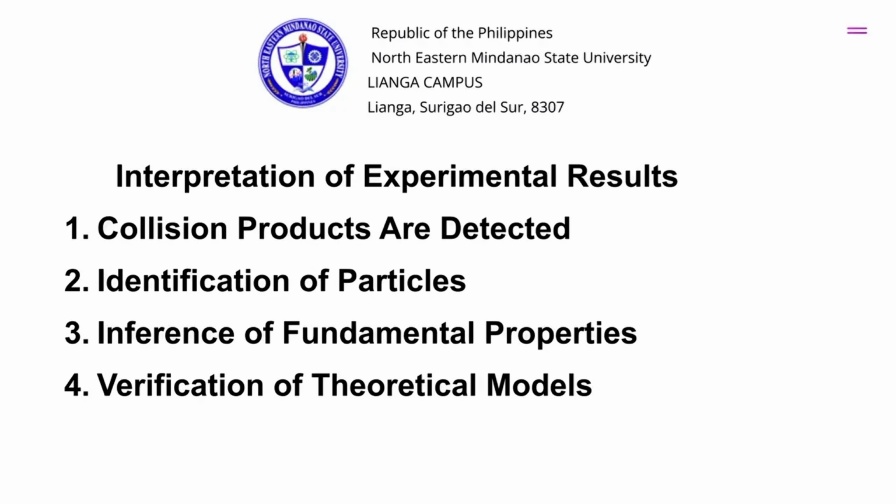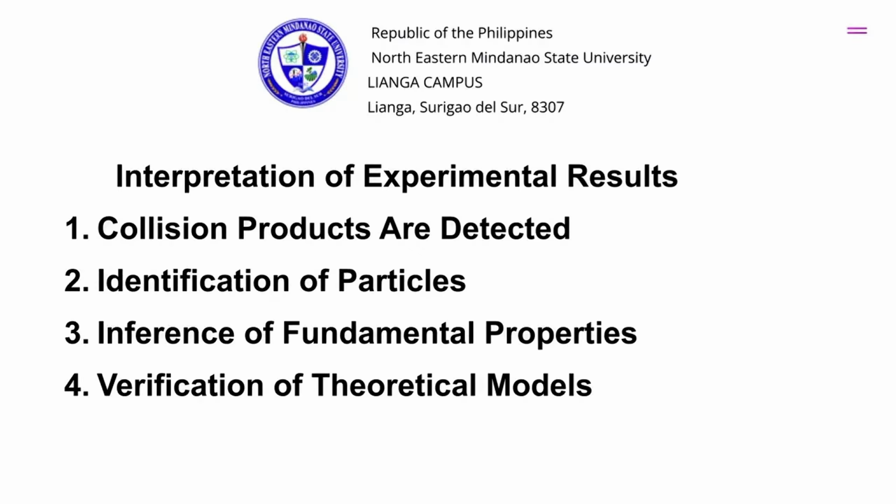Number 3 is the inference of fundamental properties. The quark structure is inferred from jet patterns, and leptons are identified by clean penetrating signals. Force mediators appear as resonance peaks in energy spectra. Number 4 is the verification of theoretical models, which means experimental data are compared with predictions from quantum field theories.